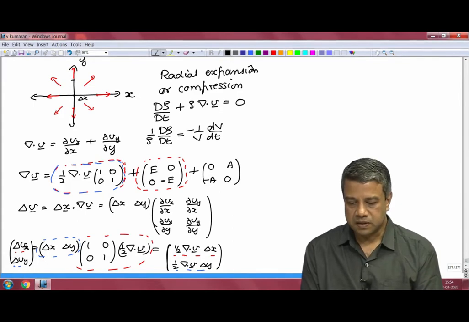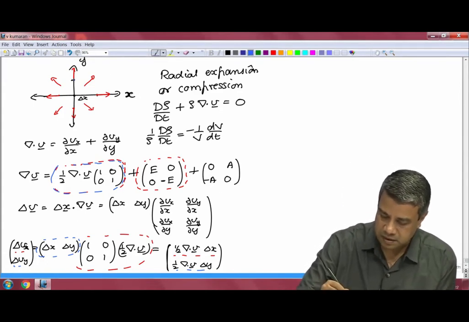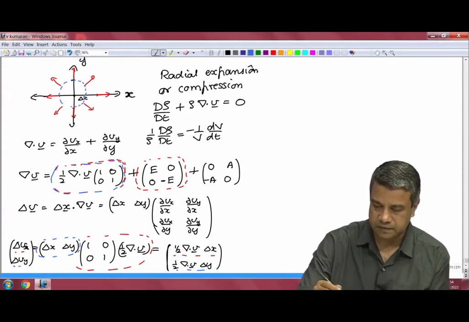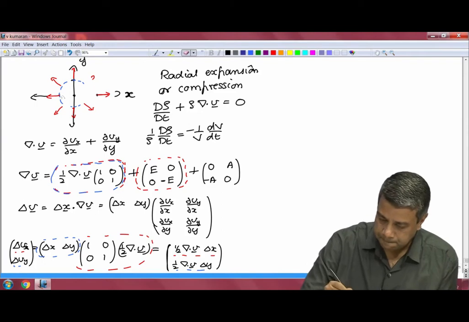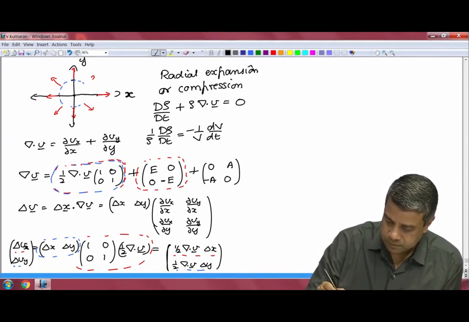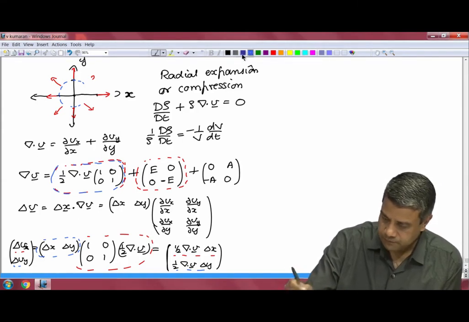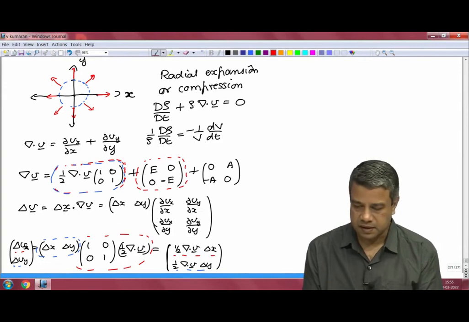So, this term basically represents volumetric expansion or compression depending upon whether the divergence of the velocity is positive or negative.